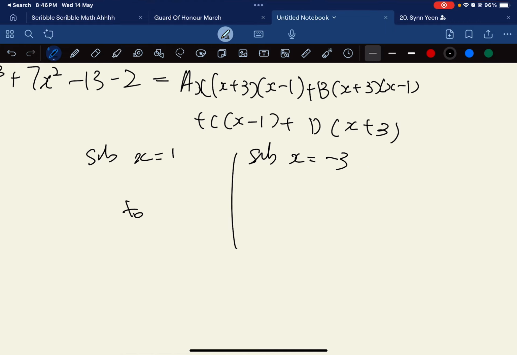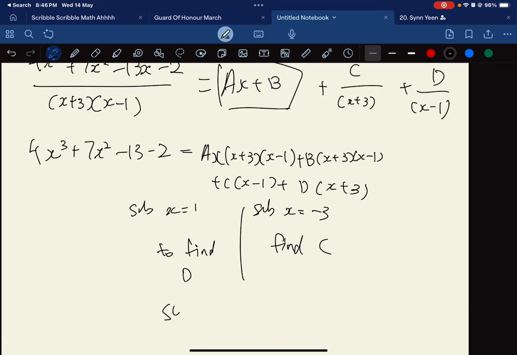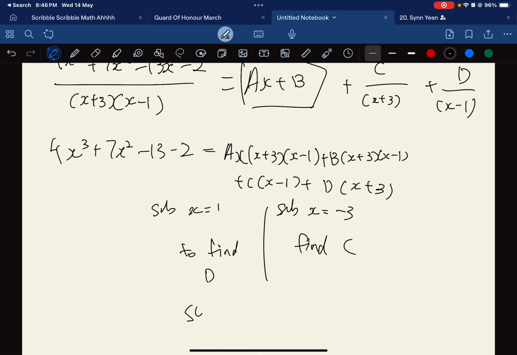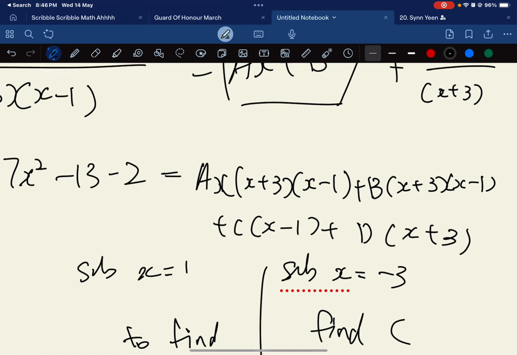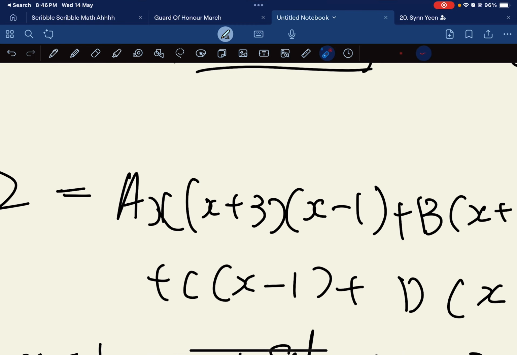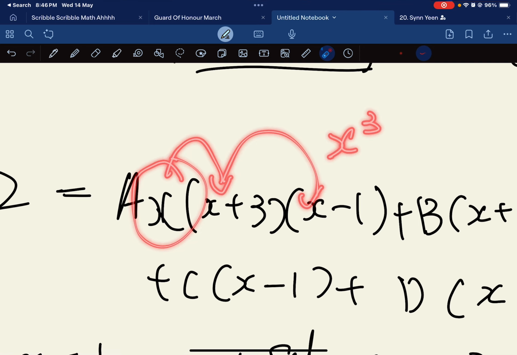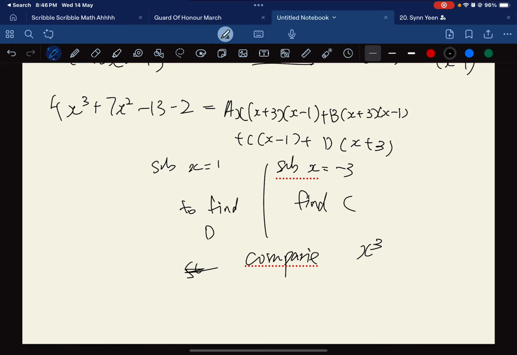So this one is to find d, this one find c, and after that, since there's nothing you can do already, you can compare x cubed, because you see this one ax times this one, then times this one, becomes x cubed, right? If we compare x cubed, a equals to 4, then what we're left with is just finding d.